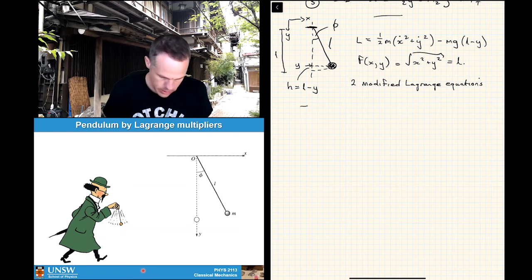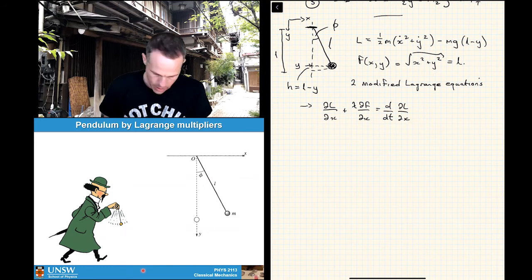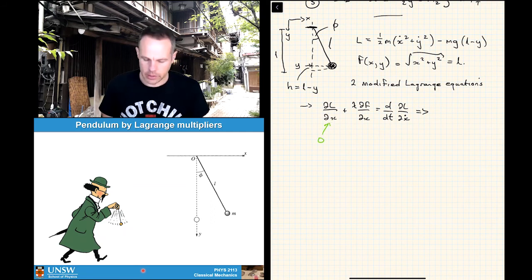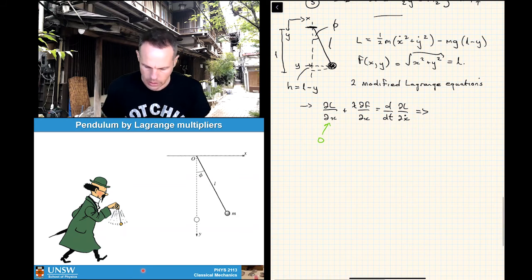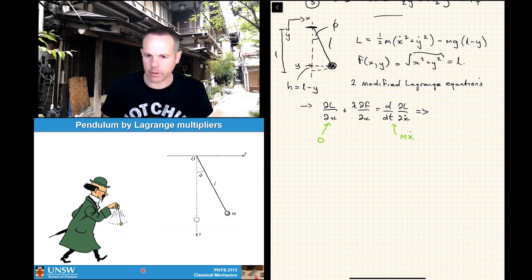The first one is dL/dx plus lambda times df/dx equals d/dt of dL/dx dot. In here, this first term is going to be 0, because there are no terms in x in the Lagrangian. The right side is our usual m x dot, and then when we take the time derivative, we'll get m x double dot. Lambda is just lambda, it's fine.